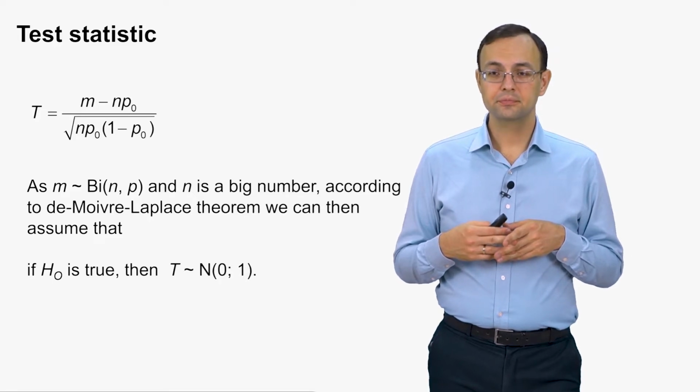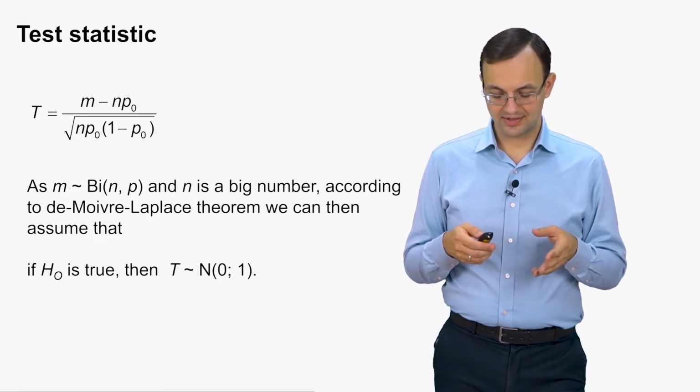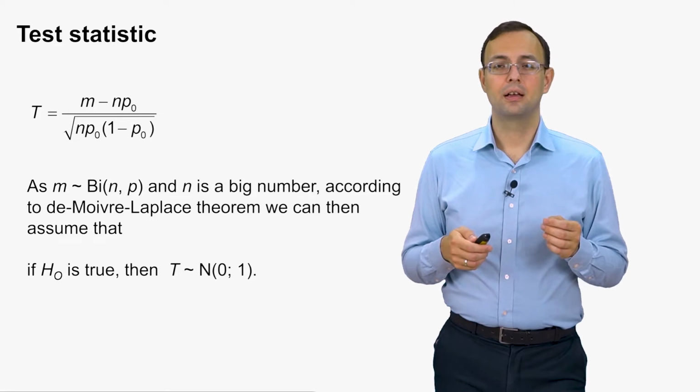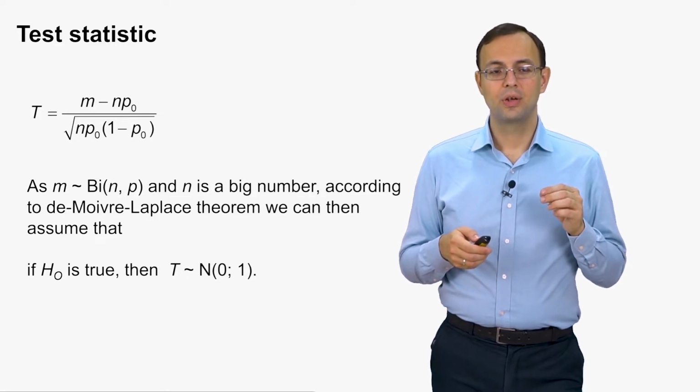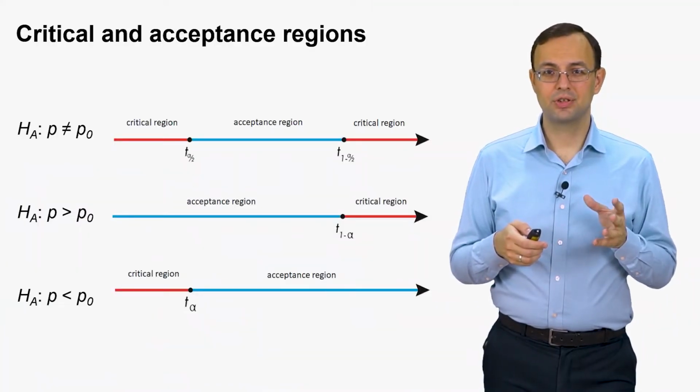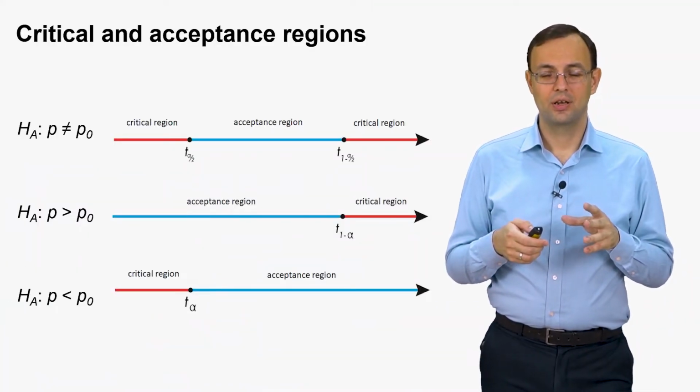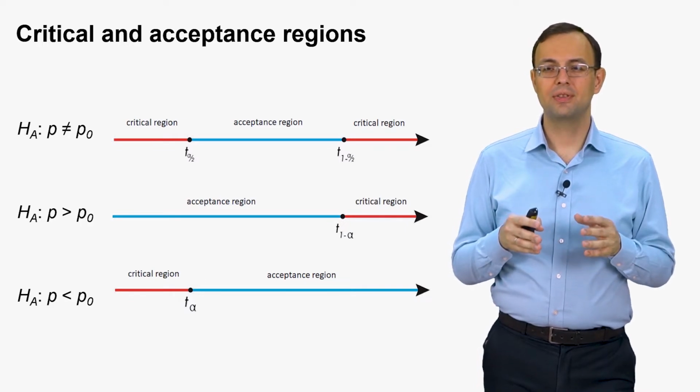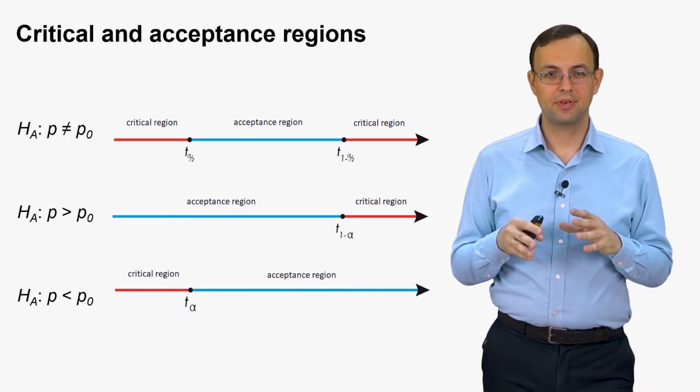So this is the test statistic, and then the next step is to understand the configuration of the critical region and acceptance region. So here you see that it depends on the alternative hypothesis.